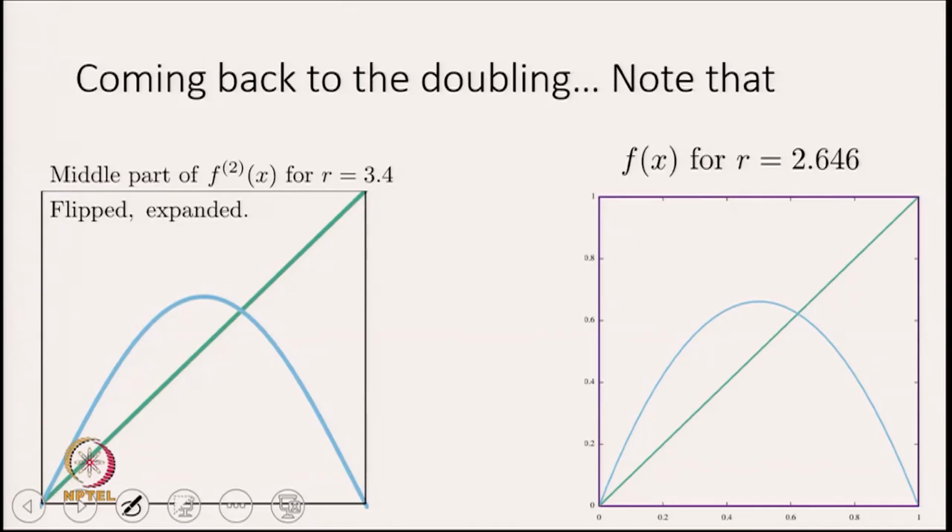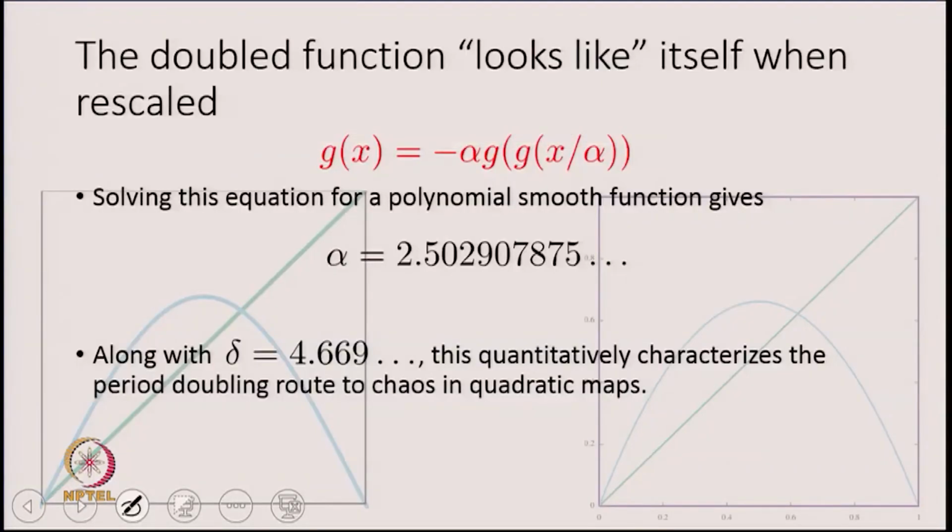Now, coming back to the doubling, you note that we observed that the middle part of f2 of x at some value of the parameter, when you flipped it and you expanded it, looked like the map itself for another value of the parameter. This led Feigenbaum and collaborators to look at the following composition. This doubled function looks like itself when it's rescaled.